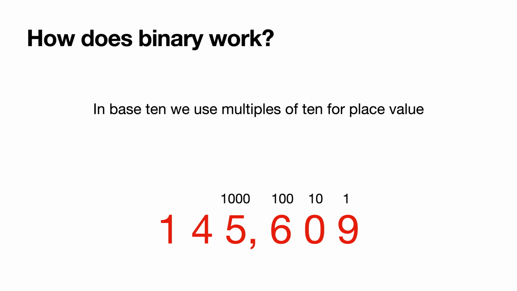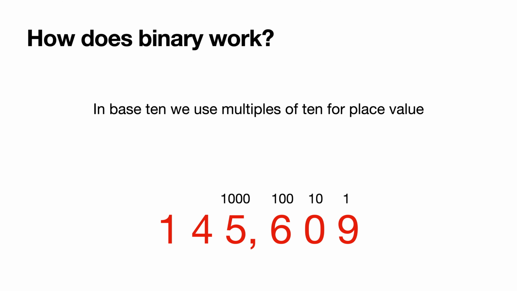You have to use 0, 1, 2, 3, 4, 5, 6, 7, 8, 9, and that's it. If you want a 10, you're going to have to create a new digit, so you'll have two digits. In base 10, each digit is going to represent some value that is a multiple of 10.